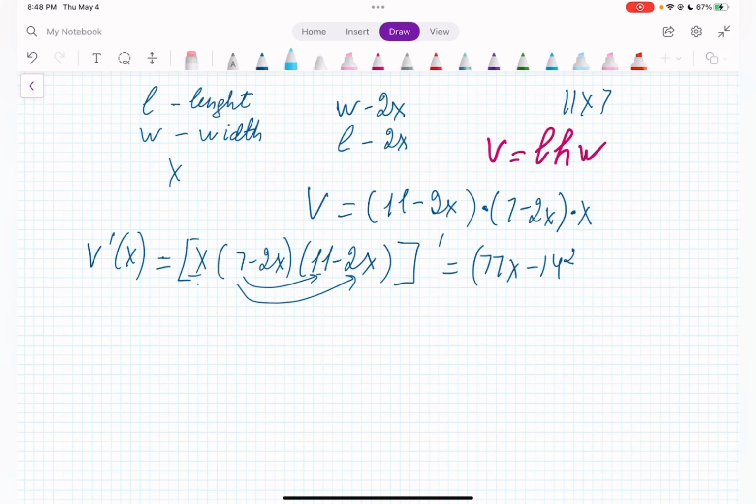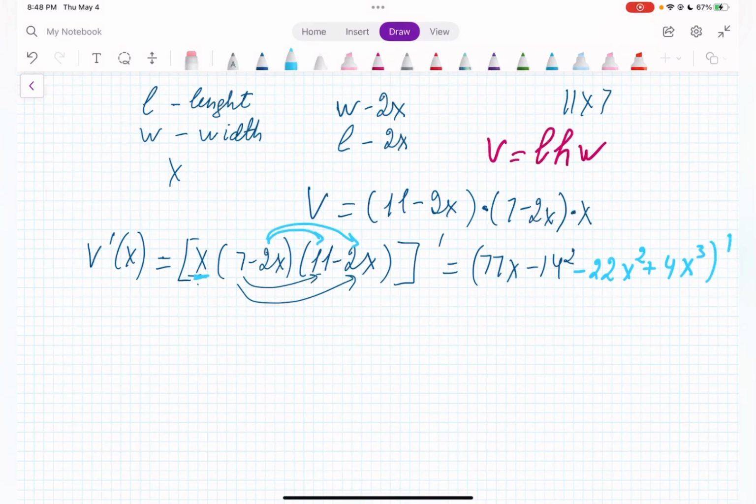Now, negative 2x times 11 is negative 22x, and multiplied by this x, it's going to be squared. And negative 2x times negative 2x is plus 4x squared. But also we have this x, so it's going to be x cubed.